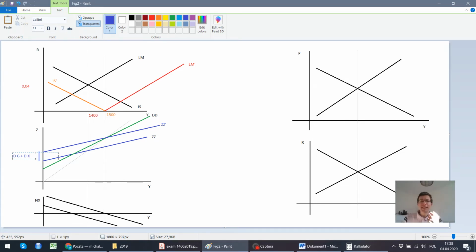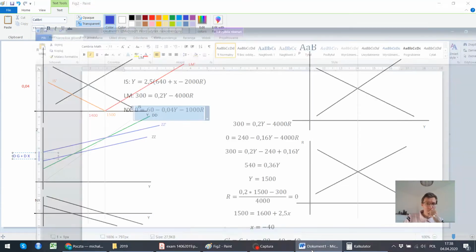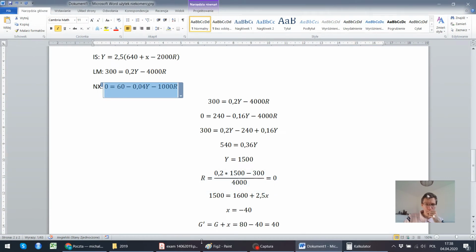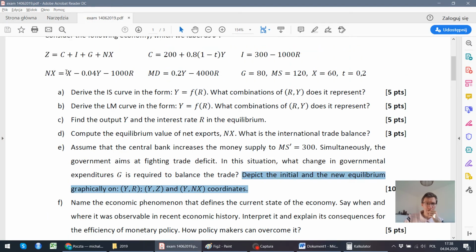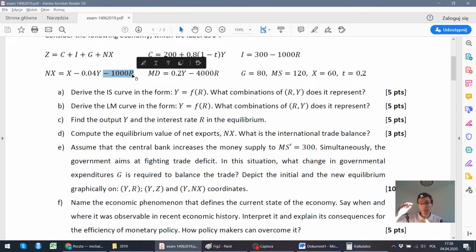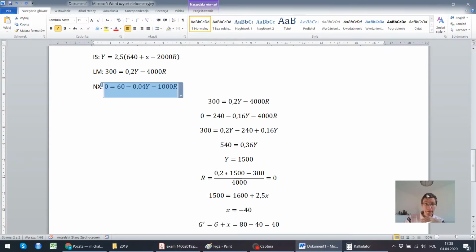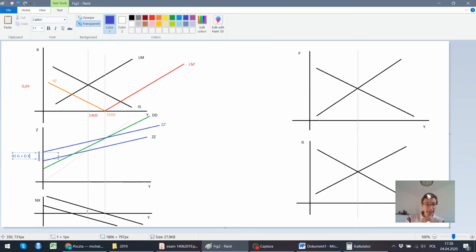Of course, exports itself is not changing. We know this from the equation of export. This X is not changing, but what is changing is this particular thing, okay? This is making the X minus 1000 R go up, right? Because the R is going down, so this goes up. And that is why the NX curve is shifting, even though the exogenous value of exports is kept constant.